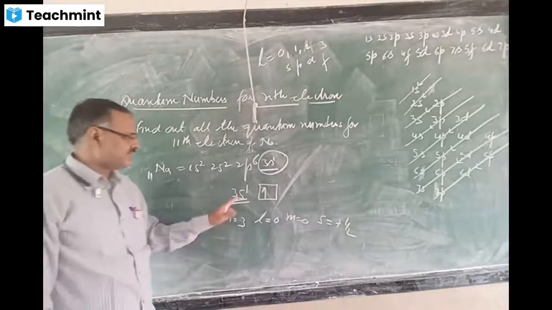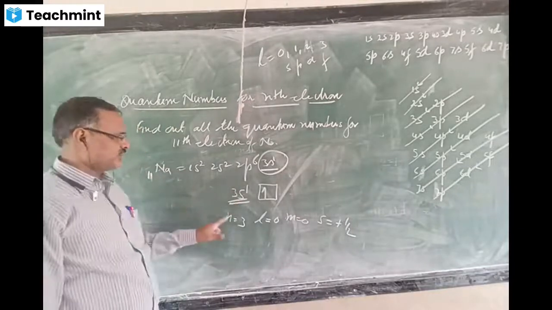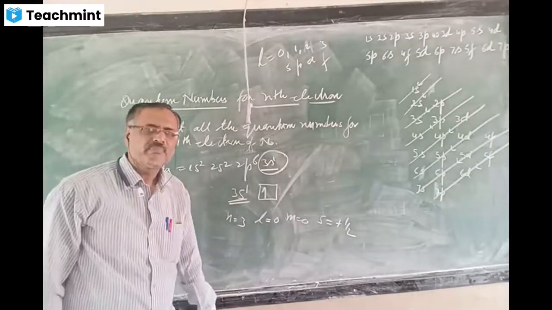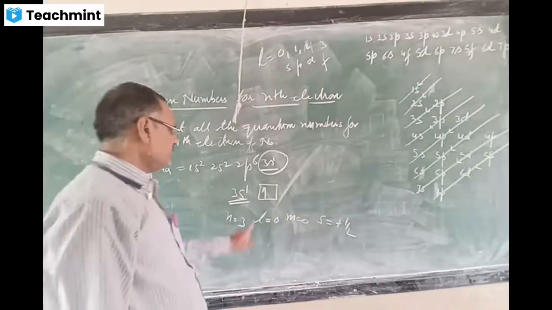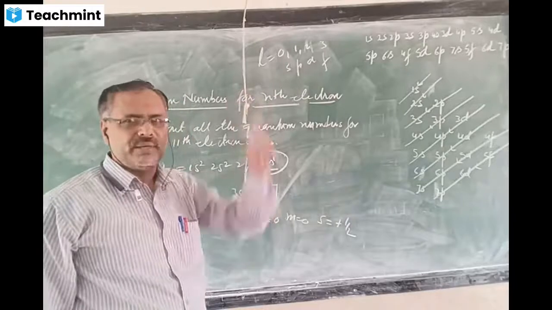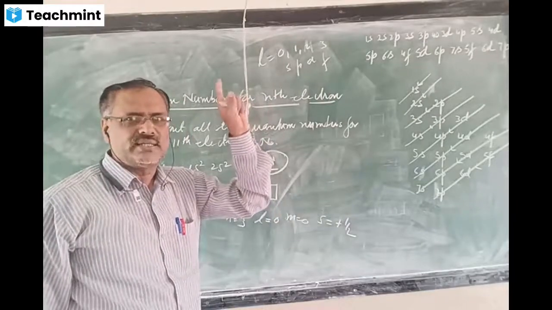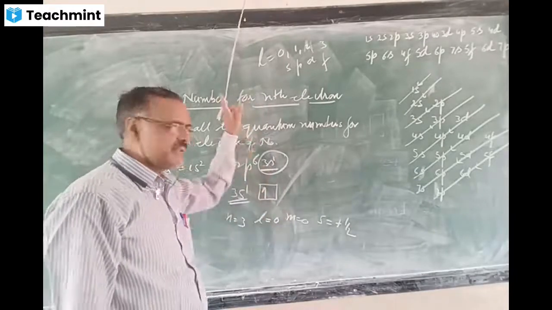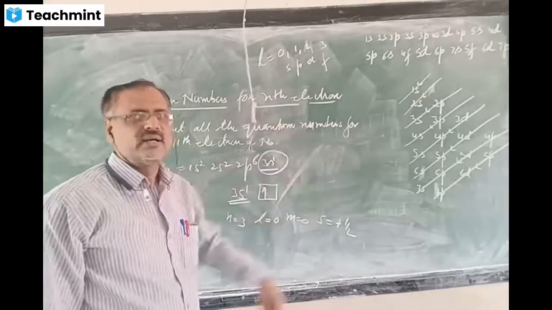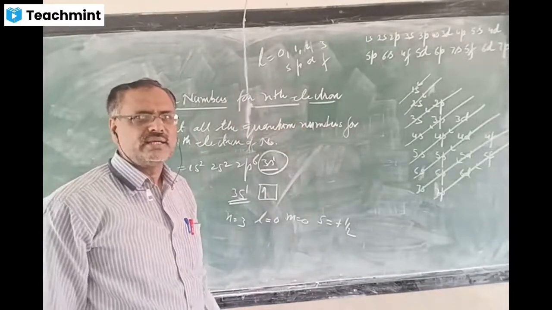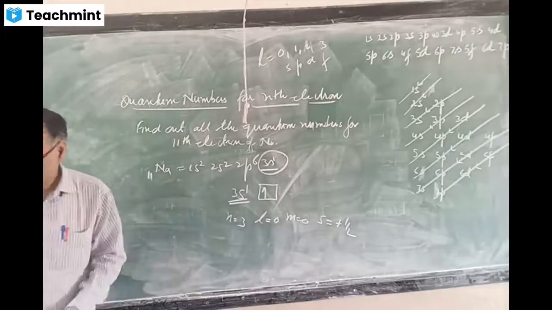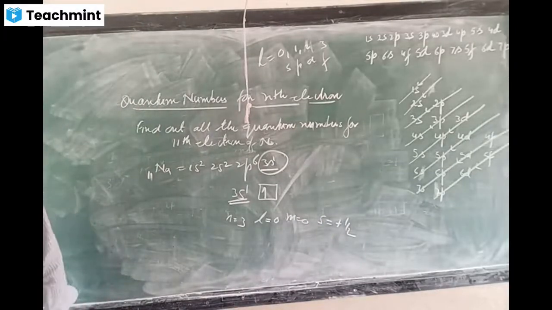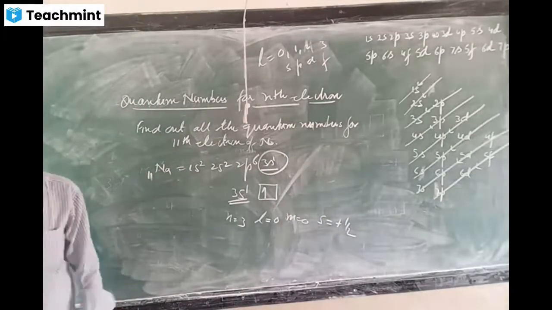Can the 11th electron of sodium be asked? Yes. Sir, can spin be minus half? No. We suppose the upper one we take first as clockwise. So the first electron is filled clockwise, then another electron will be taken anti-clockwise. Sir, in many books it is written that you can take plus half or minus half.